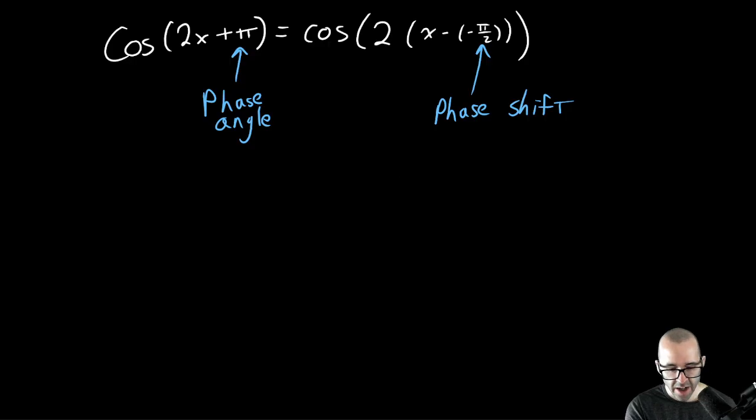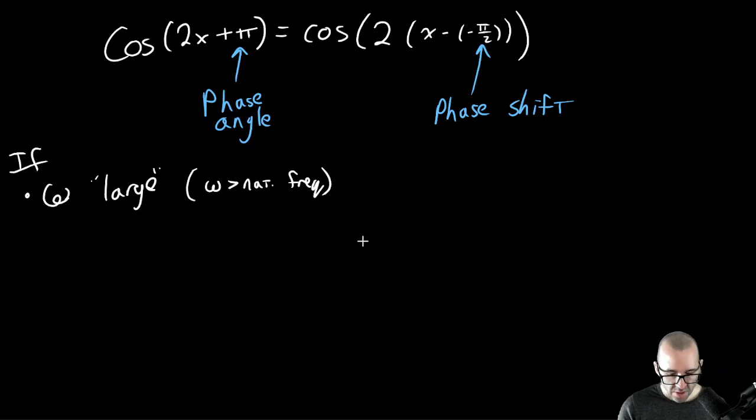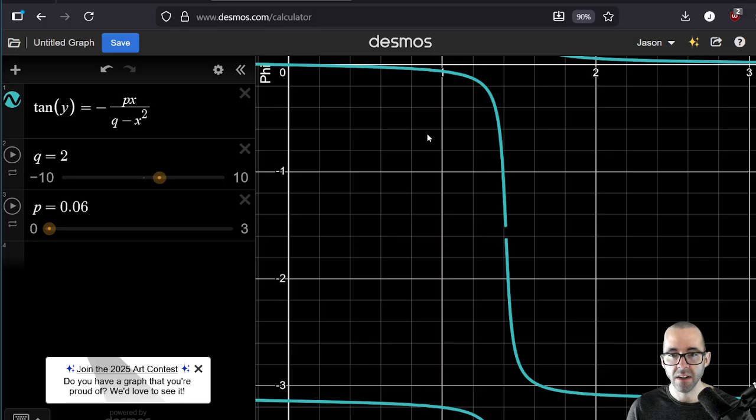And then I do want to write down one of the conclusions that we verbally stated as well. It'll be a little easier to write things down. So if omega is large, and when I say large, what I really mean is omega is bigger than the natural frequency. If omega is large, then our phase angle, we saw that, approaches, and this is for any damping really.